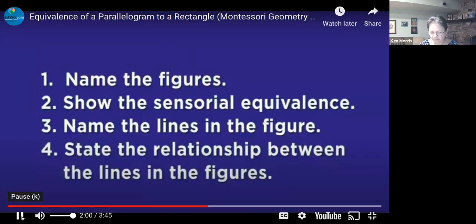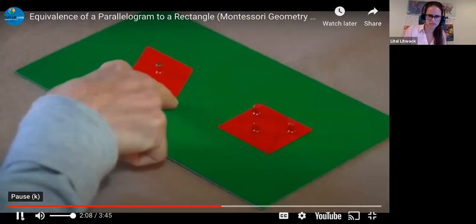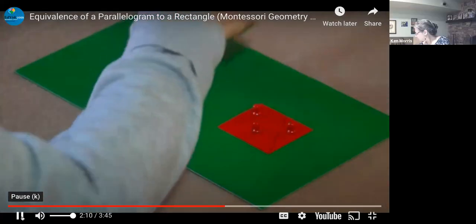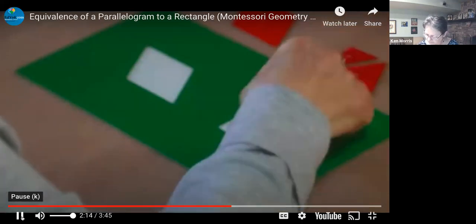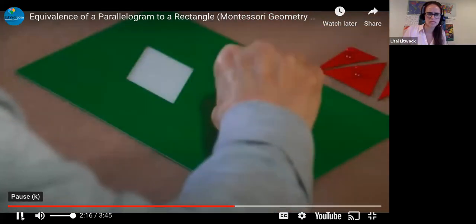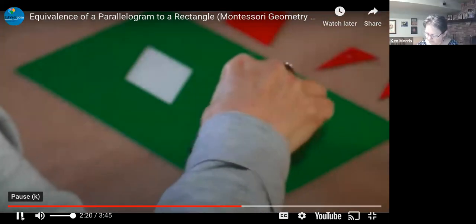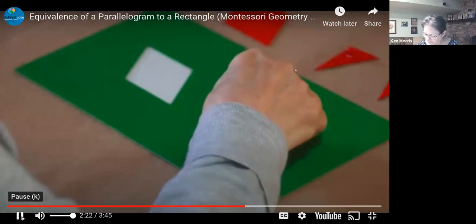And step 4, we'll make a statement about their equivalence based on the lines in these figures. The base of the parallelogram is equal to the base of the rectangle.